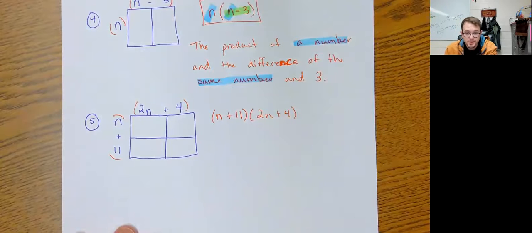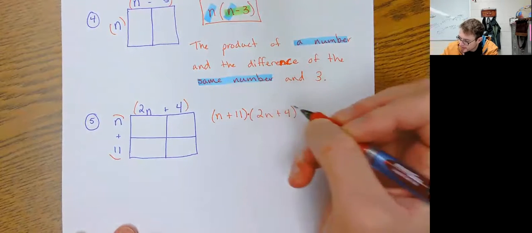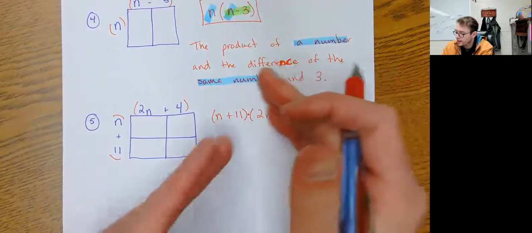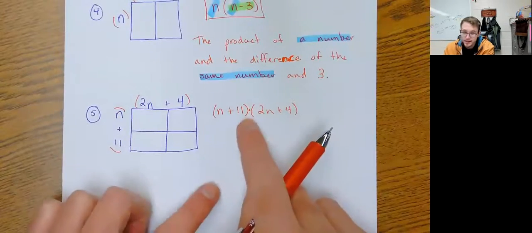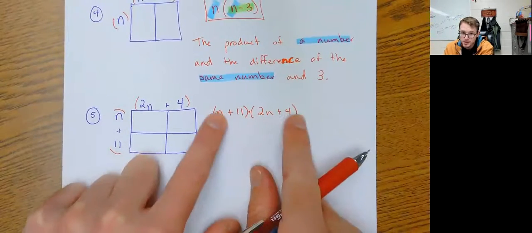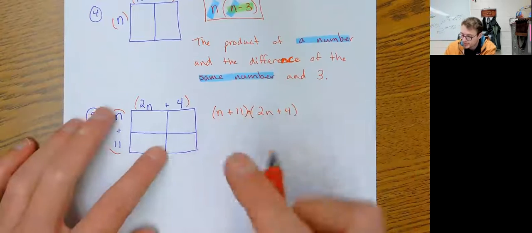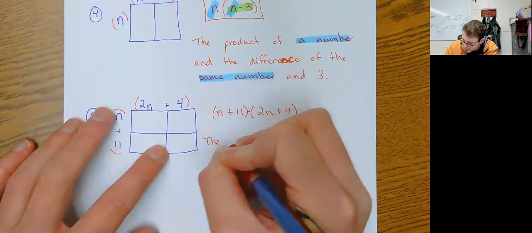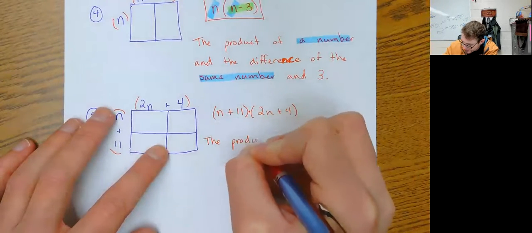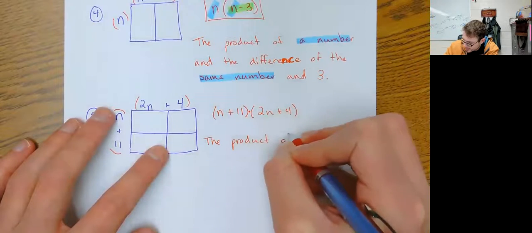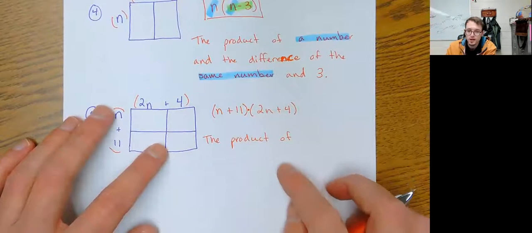But we're going to do it anyways. All right. So the first thing that you always want to start with is you want to work backwards. So the big thing that's connecting these two expressions is multiplication. So we're going to start off with the product. Well, the product of what? What two things are we multiplying?